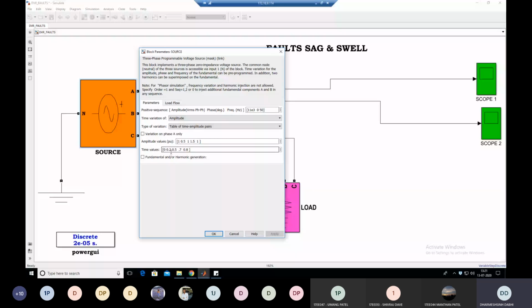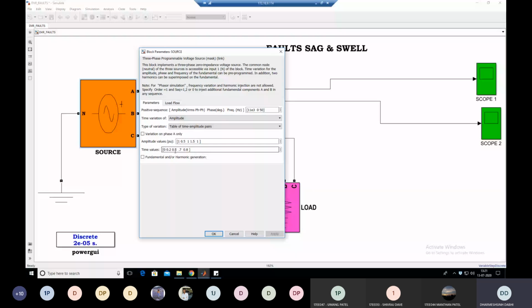For how much time? At 0.5 second in the time values, the amplitude value becomes 1. This is the third value in the amplitude. It means between 0.2 to 0.5 second, the source voltage remains 0.5 per unit, which is 50% of the rated value.